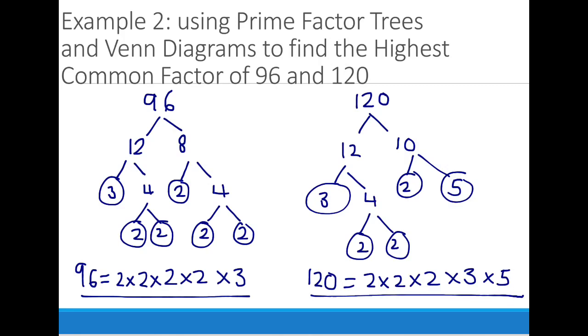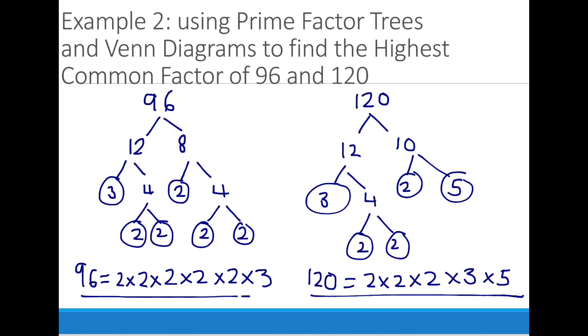I've missed one result out there. I've missed out one of the 2's, so let me just put that in so that I don't get the wrong answer later. And here I've written 120 equally as the product of primes.